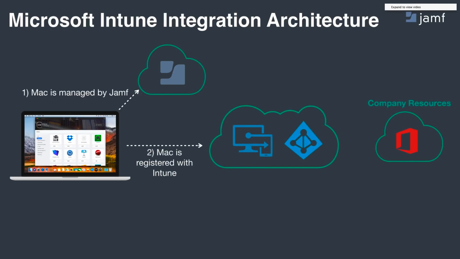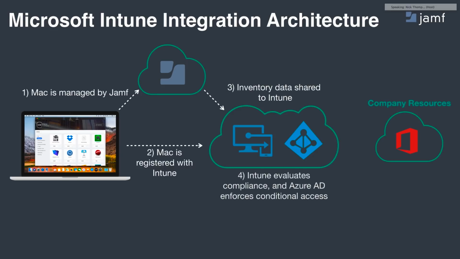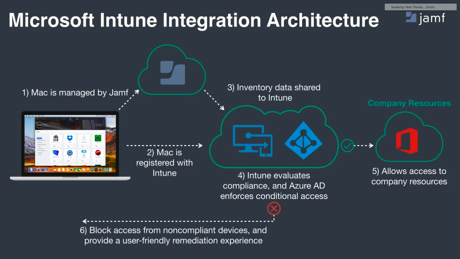You can have your Mac also registered with Intune. And then that inventory data is shared there. Intune evaluates compliance, and if it's compliant, you can gain access to company resources like Office 365. If it's not compliant, you can route it back, and you can do a user-friendly remediation option. This is a pretty cool integration. It's pretty advanced, and if you want to learn more about it, check out our website.